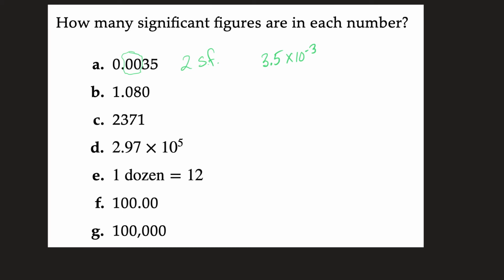For letter B, 1.080. That has 4 significant figures. This 0 is an interior 0, sandwiched in between the 1 and the 8. And then the trailing zero to the right of the decimal is significant.